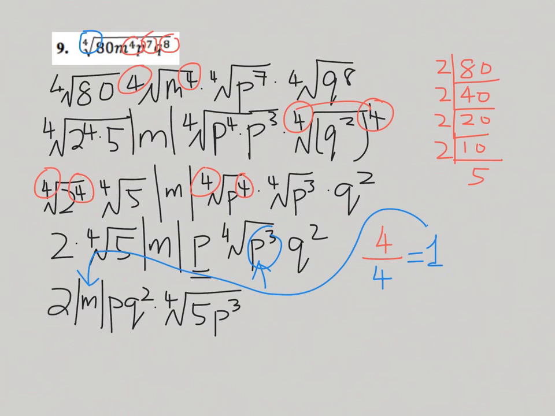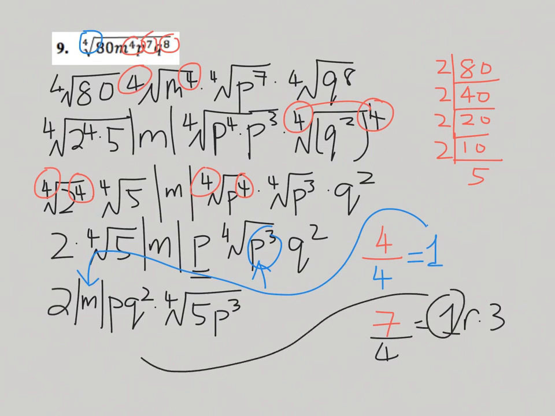And for p, you write it as 7 divided by 4. In this case, you get 1 remainder 3. So 1 is the exponent of p outside the radical symbol, and the 3 is the exponent of p under the radical symbol.